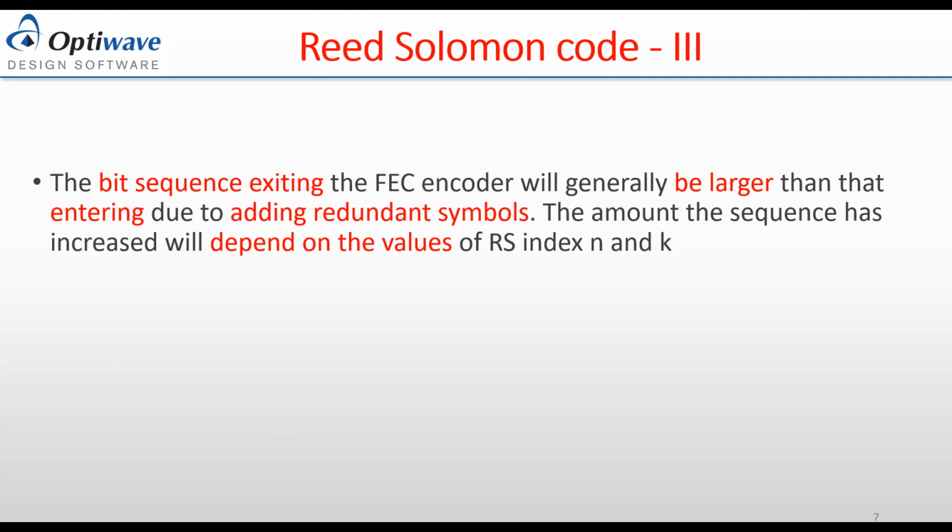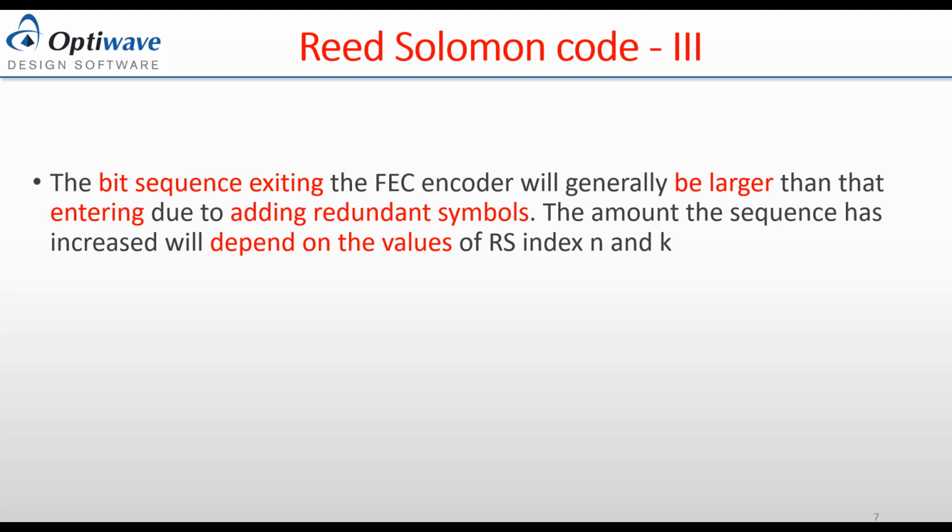Okay, now because of the addition of these redundant bits into the information bits, the number of bits exiting the forward error correcting encoder typically has to be larger than the number of bits entering. And depending on the Reed-Solomon code we are using, the number of bits would be larger or lower.